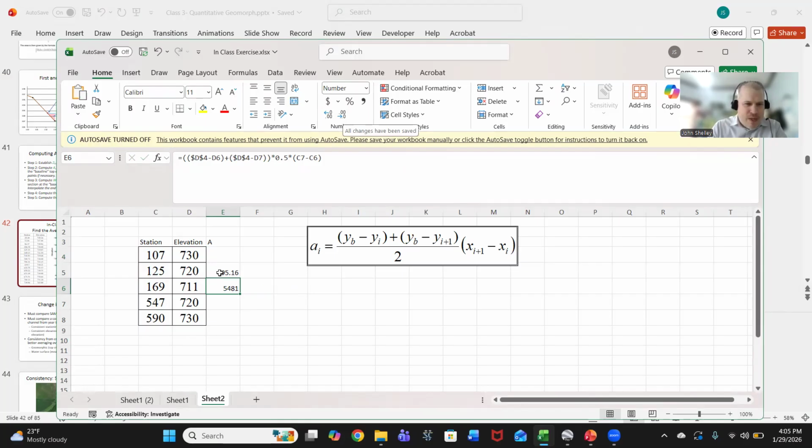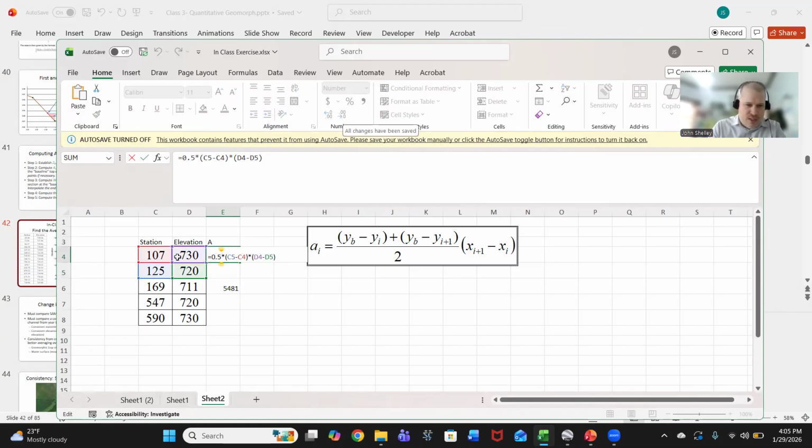Okay, so I made a little mistake. So I've got the area of the triangle going from this station to this station, and now I need the area of the trapezoid that goes from here to there. So actually, I should put this here.